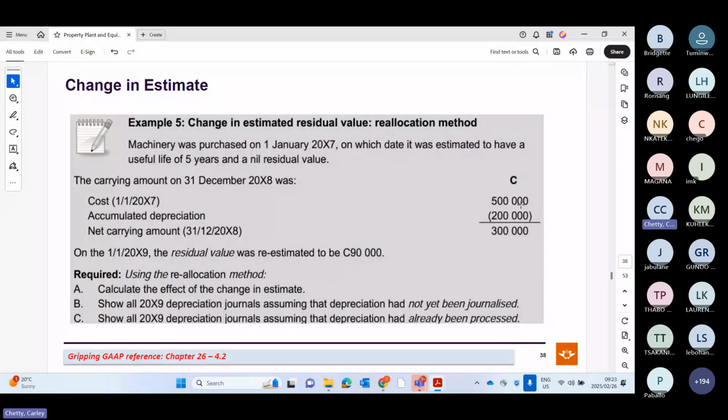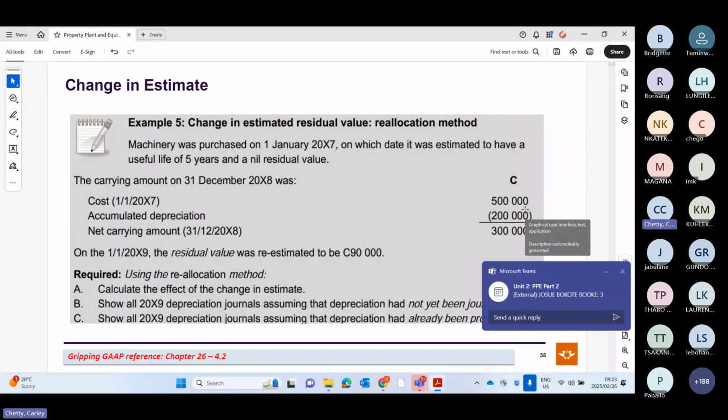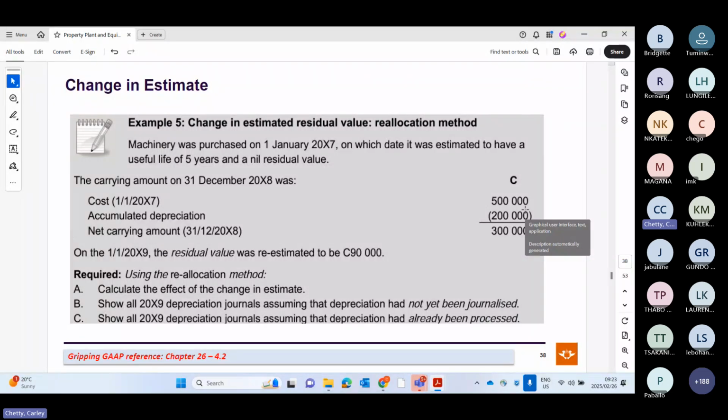Okay, I'll just repeat that to make sure we're clear. We need to determine what our remaining useful life is. In the scenario on 1 January 2007, the total economic useful life was given as 5 years. This was on the purchase date of 1 January 2007. We depreciated for 2007 and we depreciated for 2008, so 2 years have gone by.